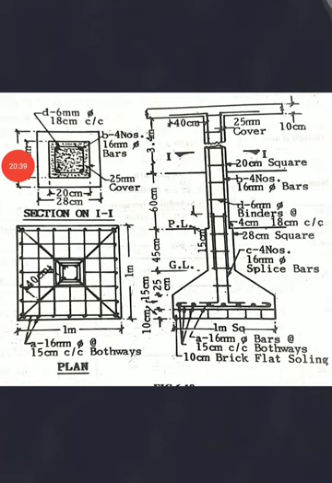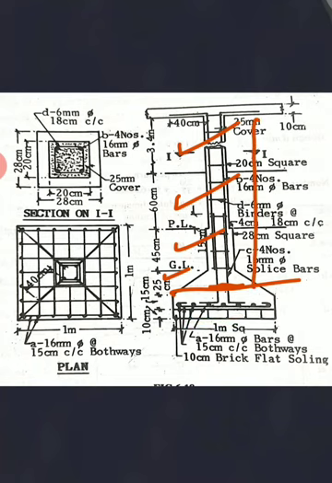You start the stirrups from here, and above this you take 24 plus 45 plus 60 plus 3.4. If you add this, you will get the total height. Then divide by spacing. The formula is very simple: total height divided by spacing plus 1 gives the total number of stirrups.